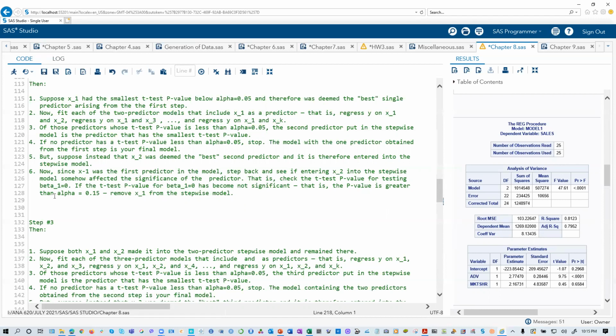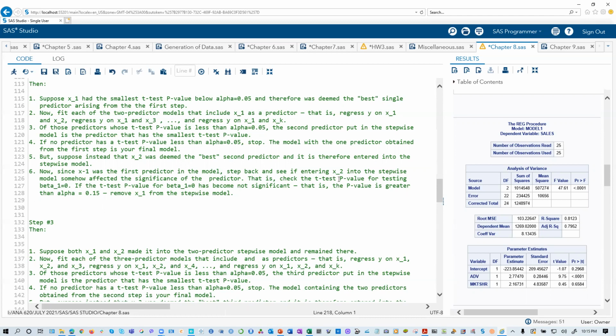Now, what are you going to do? Now you're going to go ahead and check again about the first one, and now 2 of them are in the model. Since x1 was the first predictor in the model, step back and see if entering x2 into the stepwise model somehow affected the significance of that particular predictor x1.